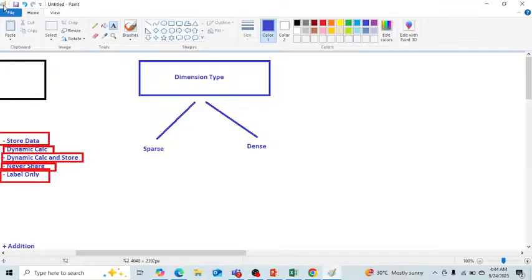Under the sparse dimension, we have few members with data values.